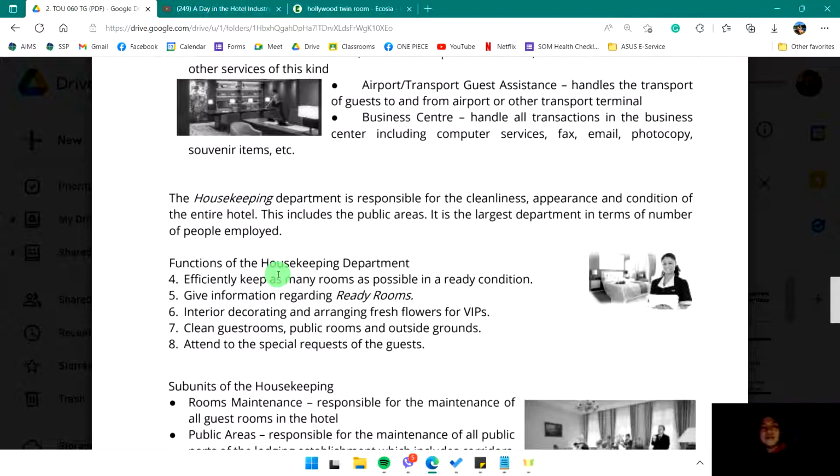So they have functions such as keeping the rooms in ready condition. Dapat malinis, dapat maayos. Lahat ng mga bagay na nasa loob ng room dapat po ay nag-function. And lahat ng ina-expect ng guests sa kanilang stay should be there prepared for them as well.